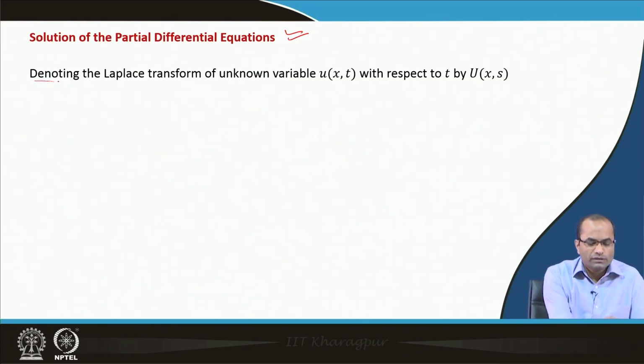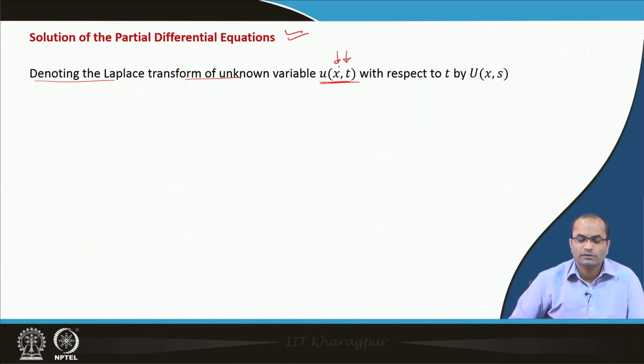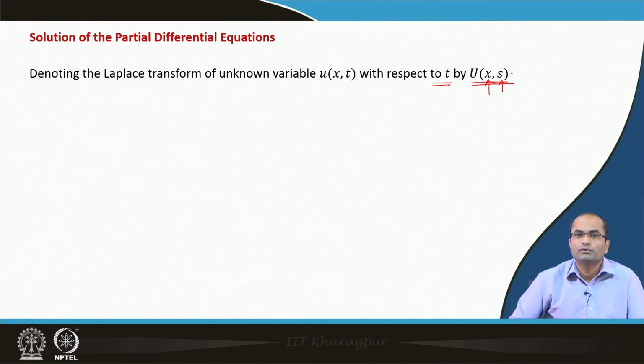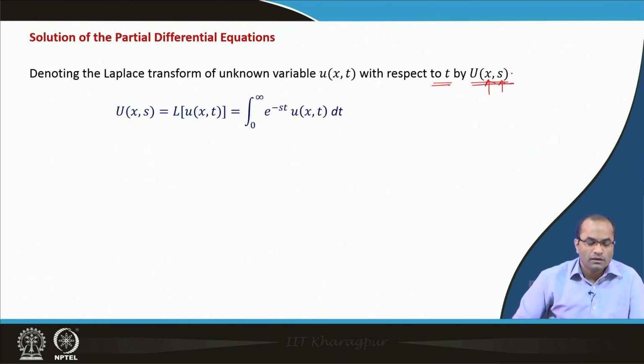So, here we denote the Laplace transform of the unknown variable u x t. Let us say we will work with the u x t or y x t, whatever. So, there are two independent variables x and t. So, we will take this Laplace transform with respect to t, and this we will denote by this big U. X will remain as it is and this t will be transformed to this parameter s.